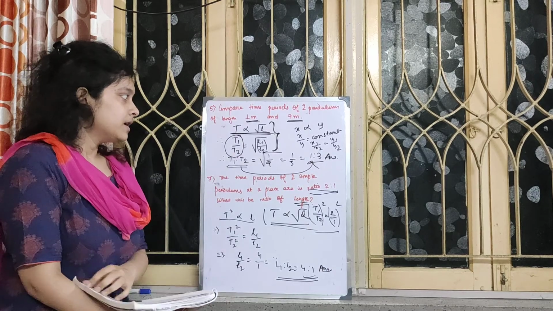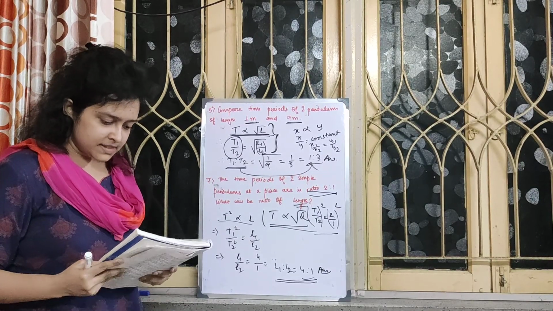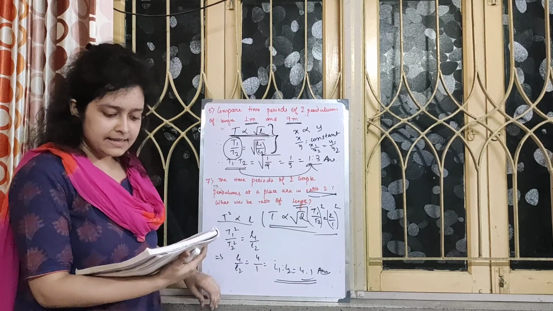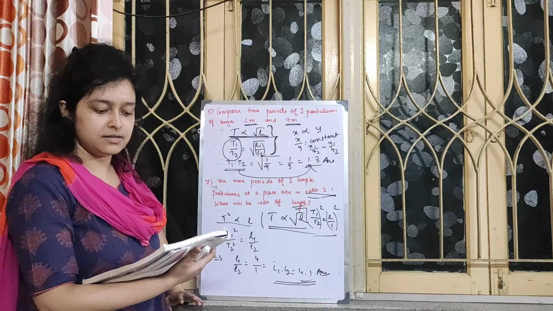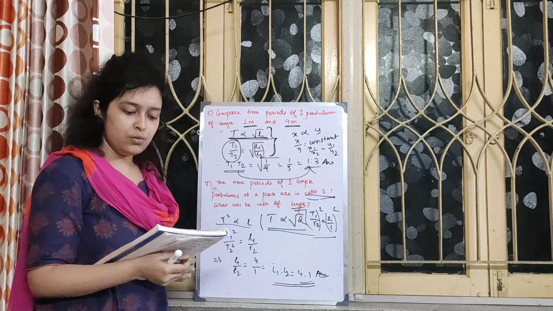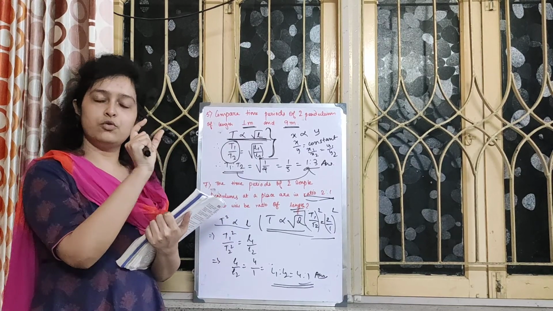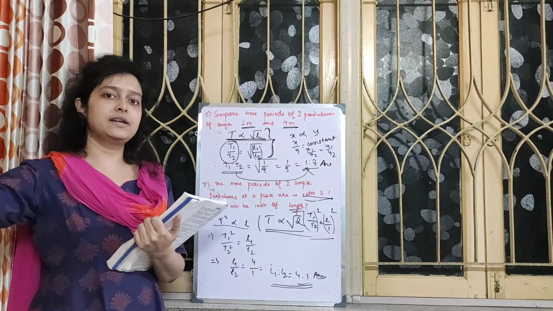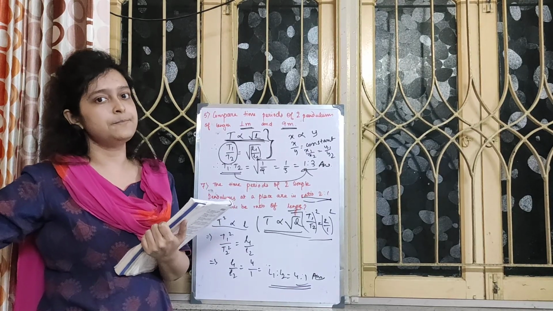Okay. And another one, sum number 8. It's given that it takes 0.2 seconds for a pendulum bob to move from the mean position to one end. What is the time period? If from the mean position it's moving to one end, the time taken is 0.2. That means what will be the total time period then?